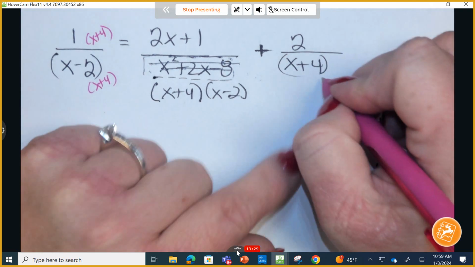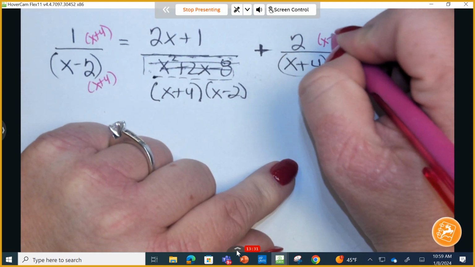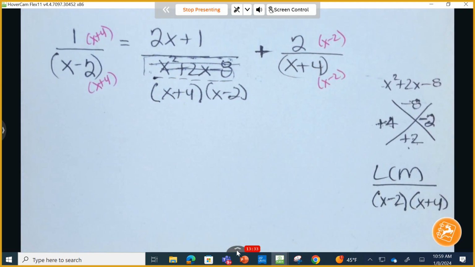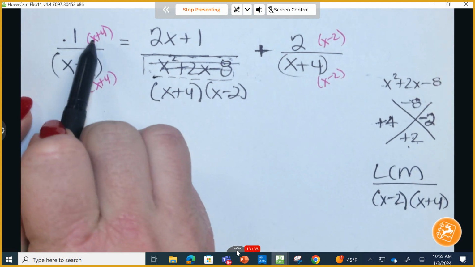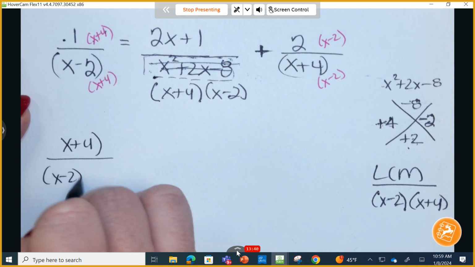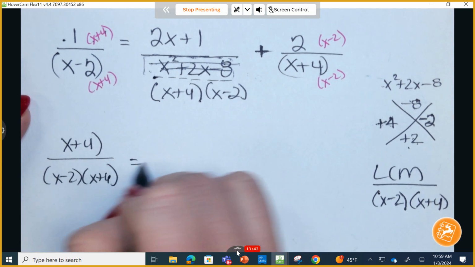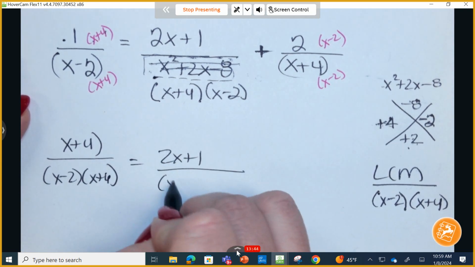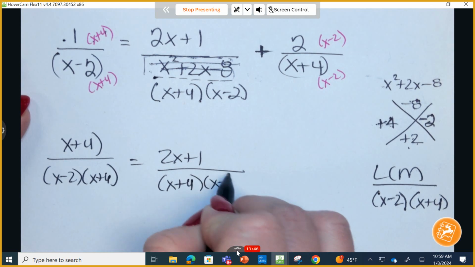And multiply this times x minus 2. 1 times x plus 4 is x plus 4 over x minus 2 and x plus 4. X plus 4 and x minus 2.